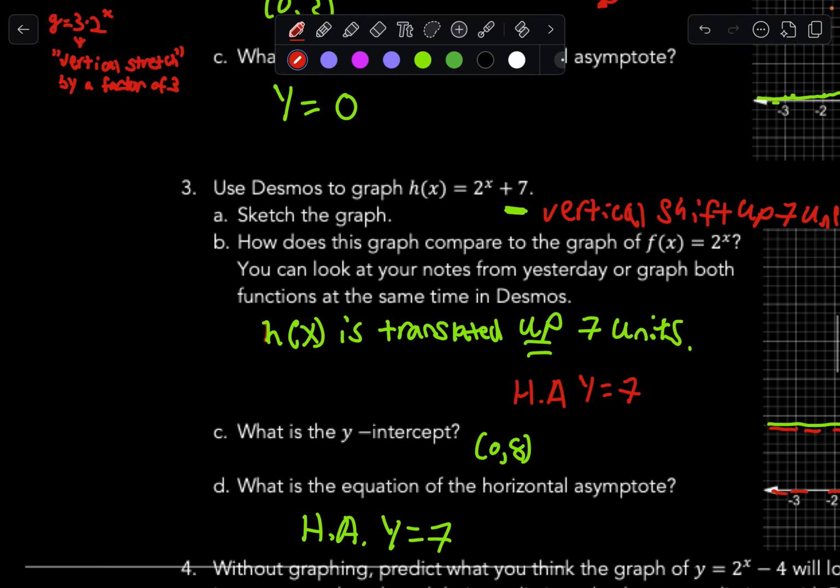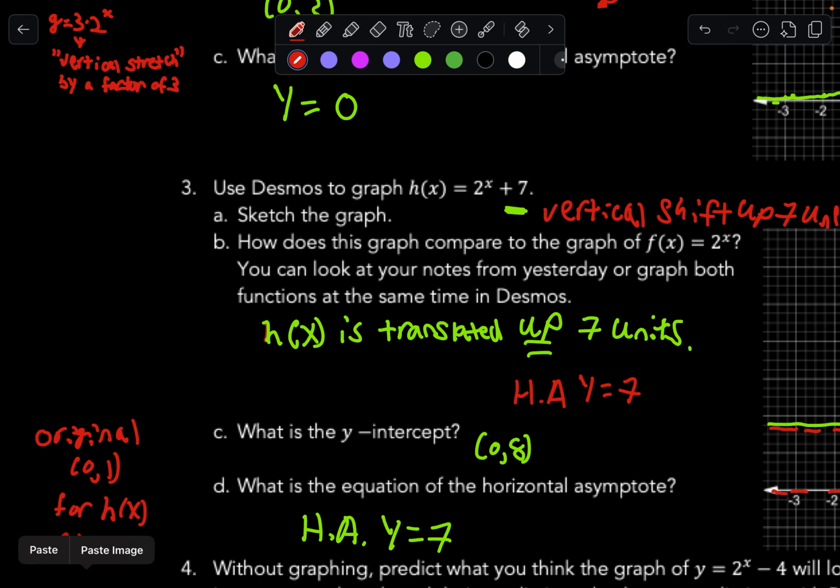Because of that, the y-intercept, which originally was (0, 1), is now for h of x at y equals 1 plus 7, which is 8.